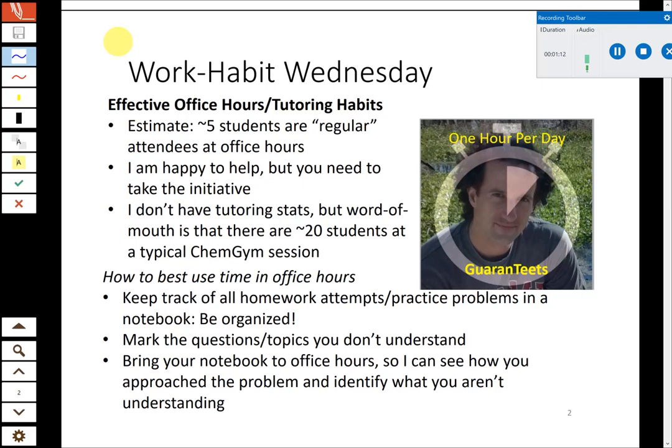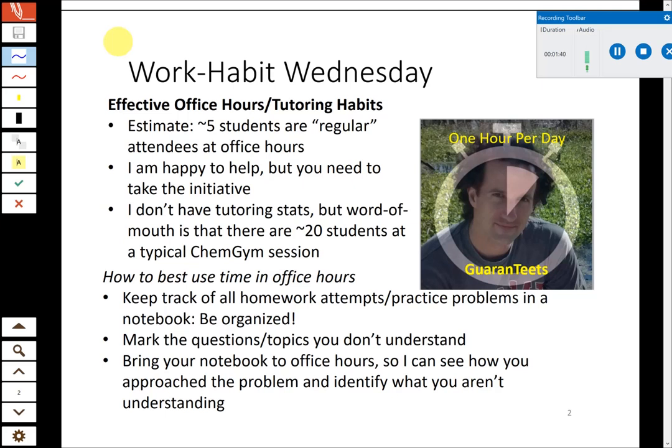There are about 525 people in this class at this point, and I would estimate about 5 of them come to office hours regularly, meaning more than once and not right before the test. I don't have a lot of limitations on when you come, so I'm here most of the time. Even if the regular office hours don't work, I encourage you to come more often if you feel like you're falling behind.